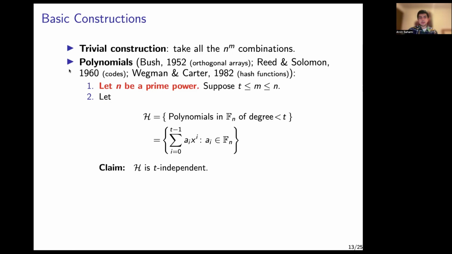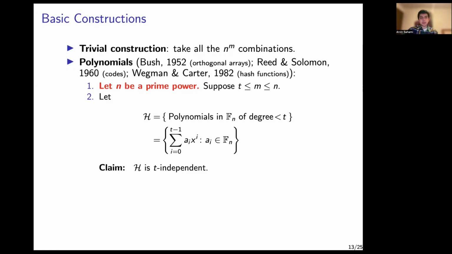So what else can you do? A smarter thing is this polynomial construction due to Bush in 1952, and it's essentially the same as Reed-Solomon codes. This was rediscovered by Wegman and Carter in the context of hash functions.